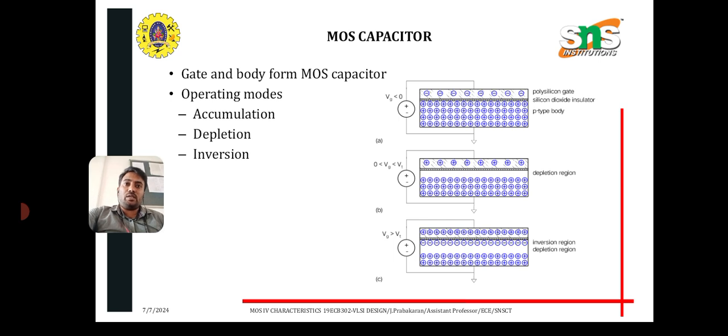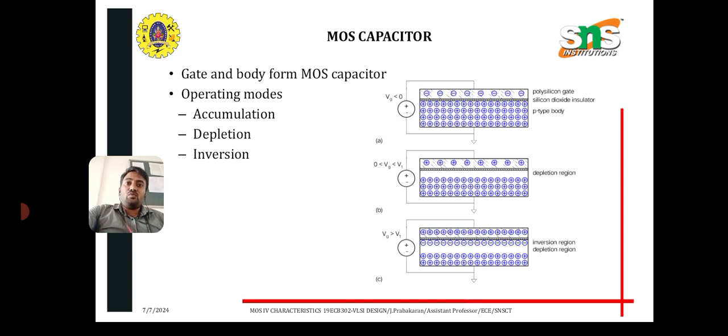We will discuss briefly. Accumulation occurs when a sufficient positive gate voltage is applied to a MOS structure relative to the substrate. Depletion occurs when a small positive gate voltage, just above zero, is applied to a MOS structure relative to the substrate, that is the body.